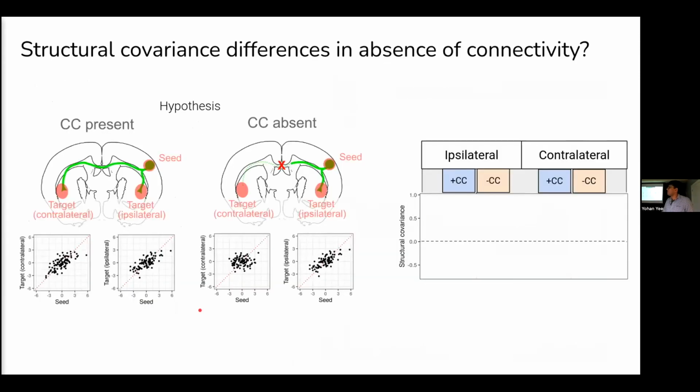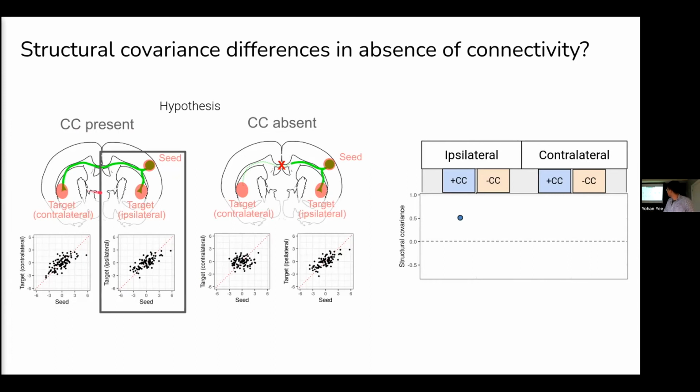So that brings us to the question that we want to address, which is how does structural covariance differ when connectivity is absent? The plots I'm going to show you are a bit involved, so I'll run you through the hypothesis and how to interpret this. The hypothesis is that if the corpus callosum is present, your seed region is connected to both the target region in the ipsilateral side and the target region in the contralateral side.